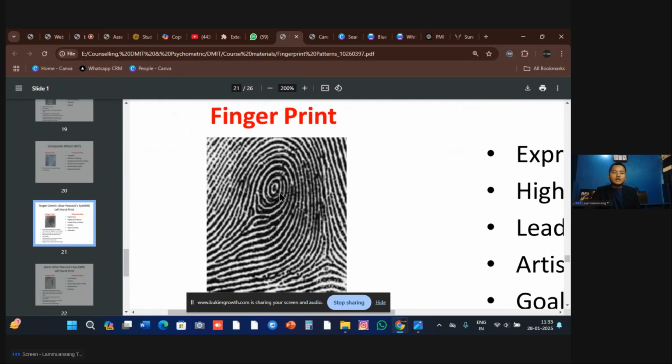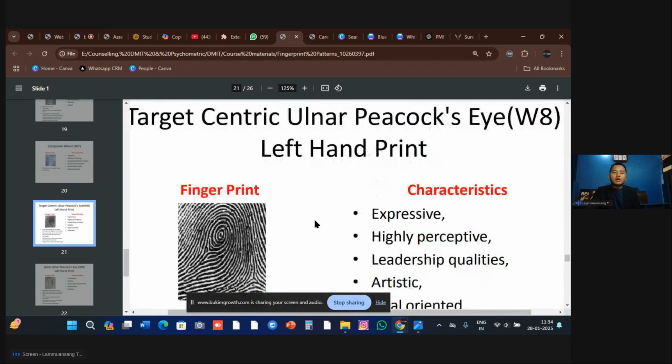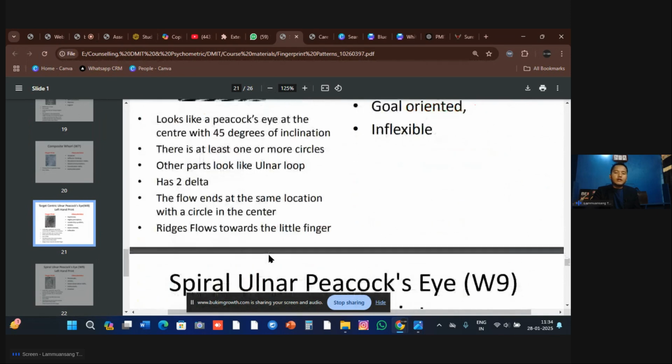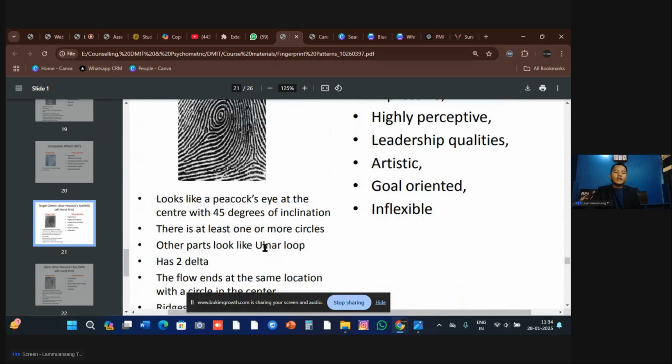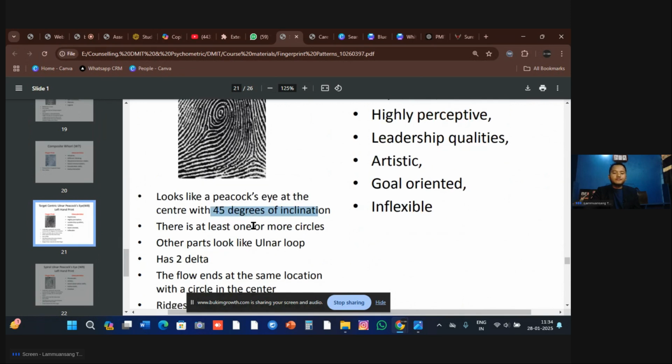So this is the peacock eye, W8. This is for the left hand. If you see this on the right hand, that means this will take the W9 pattern, and it will have 45 degrees of inclination. It flows 45 degrees, falling down. Everything will go on the left, and there will be tri radius on the right.